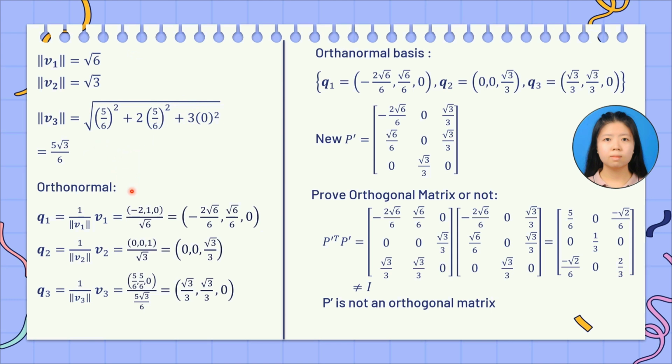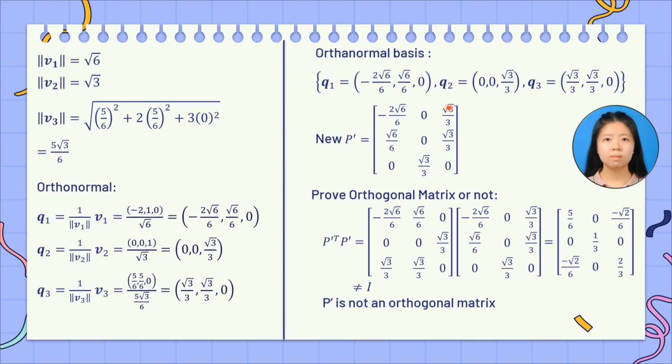Therefore, all we need to do is divide V1 by its norm, and we get Q1 as one of the orthonormal set. The same goes for Q2 and Q3. Thus, we can write the orthonormal basis as shown below.